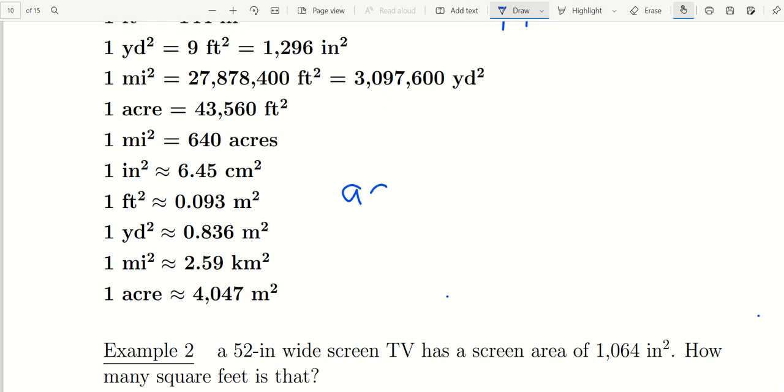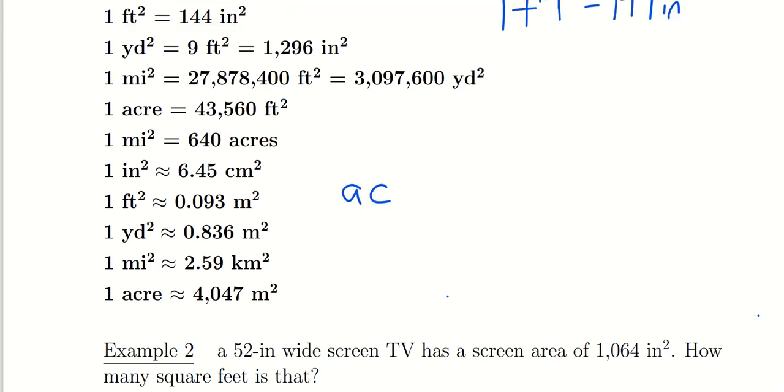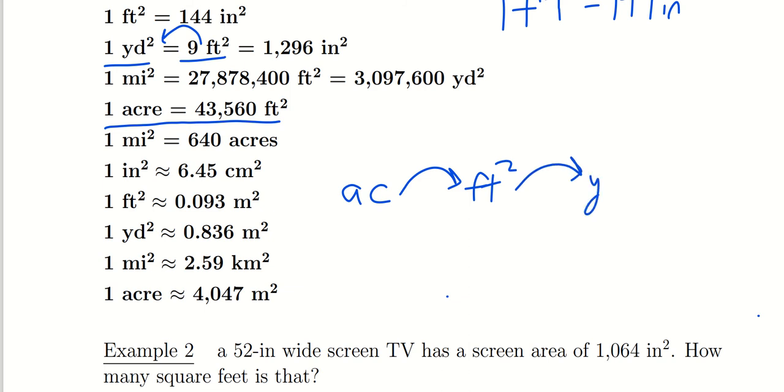So starting off with acres, one thing that I know I could do, just look at this formula, is I could convert from acres to feet squared. And then if I know feet squared, I could then convert that to square yards. So we're going to have to do a double bridge here.